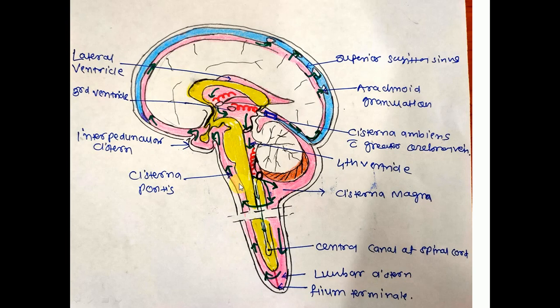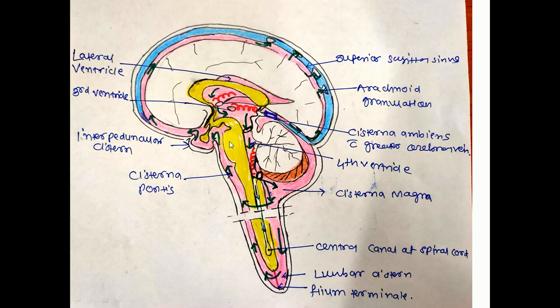There are many types of cistern present inside the CNS. Before we discuss the subarachnoid cistern, we need orientation about the various parts of the CNS. In this diagram, the most superiorly placed part is the large brain, that is the cerebral hemisphere.